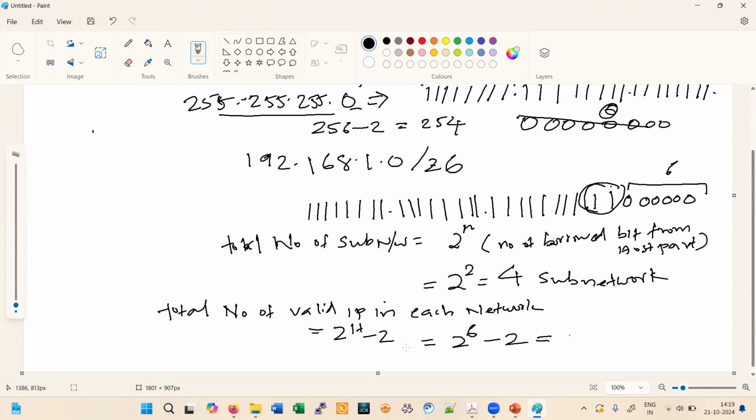You can calculate that. 64 minus 2 is 62. So 62 valid IPs will be there in each network. We divided a single network into four subnetworks, and calculated valid IPs in each network, which is 62.